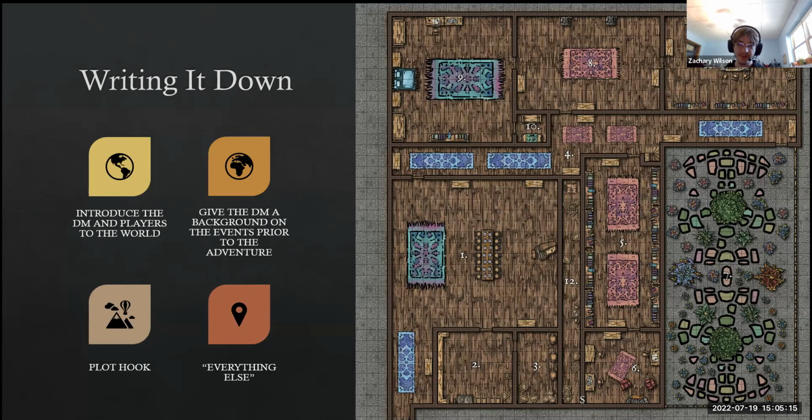And from there, there's a plot hook, which is a reason for the players to care about what the adventure is, something that gets them interested in it. And from there, we move on to "everything else", which is the entire rest of the adventure. What happens after they're invested and everything that goes through that.